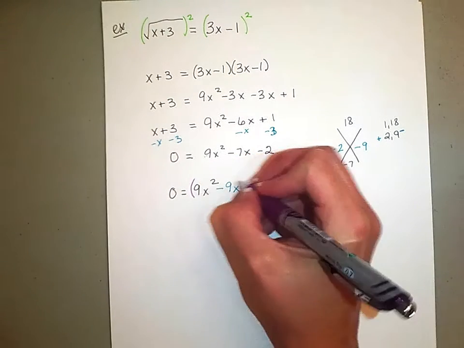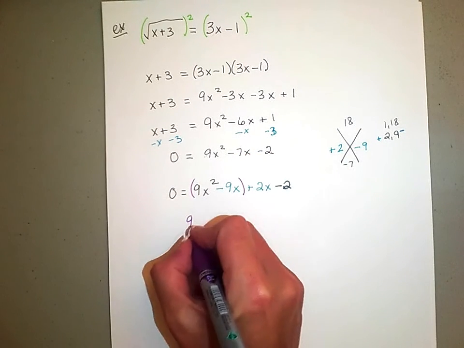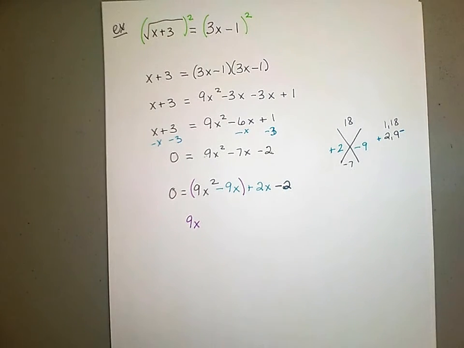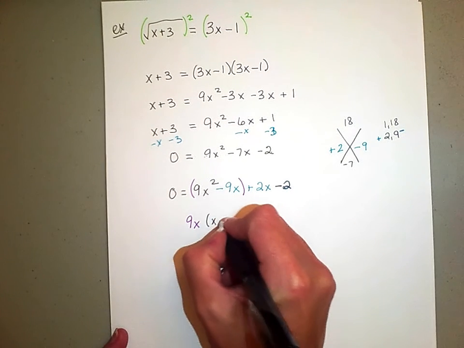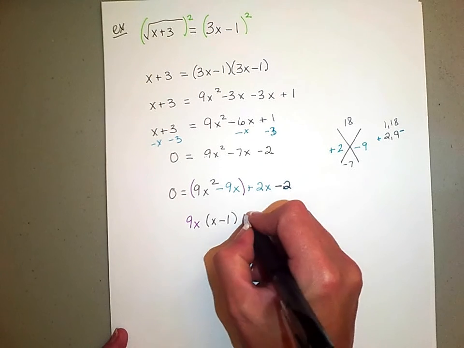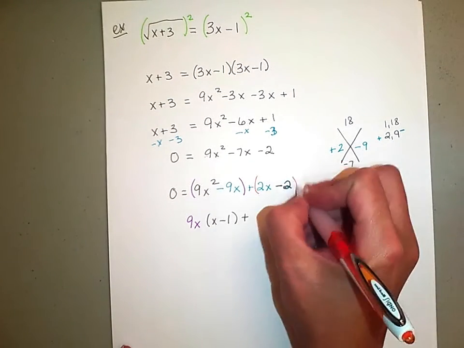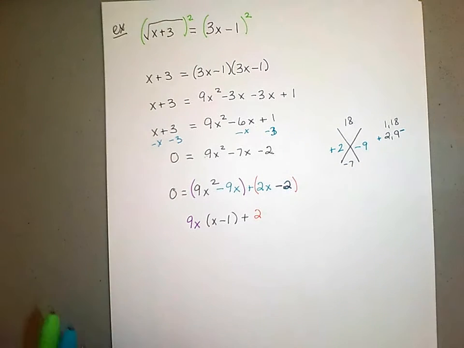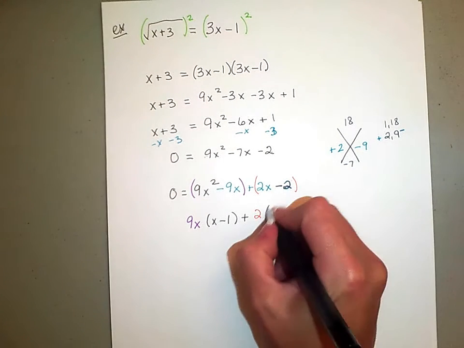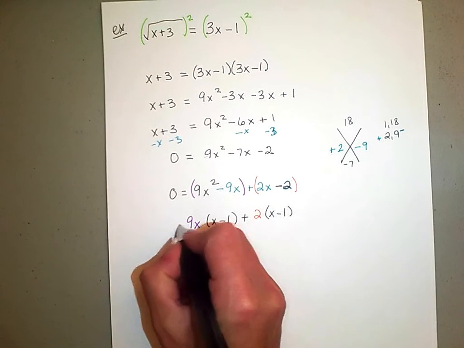Now when I group these, I can pull out a 9 and an x from the first one, leaving an x minus 1, plus, from here, a 2 times x minus 1.